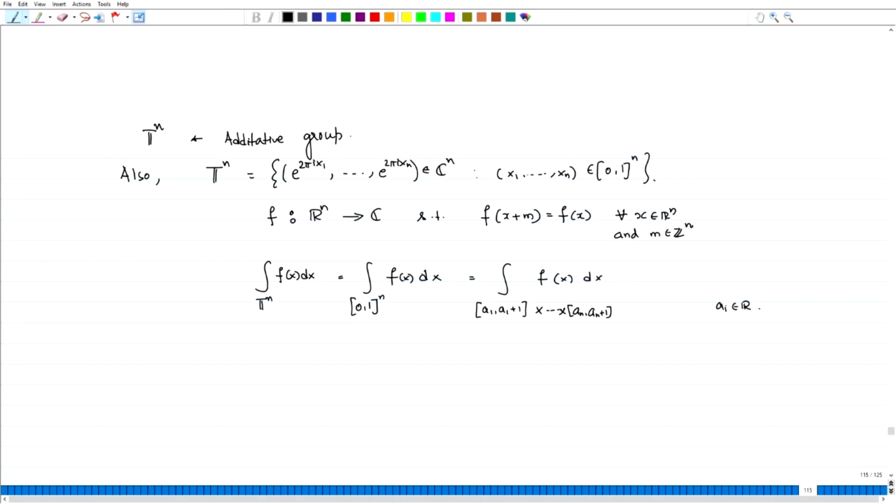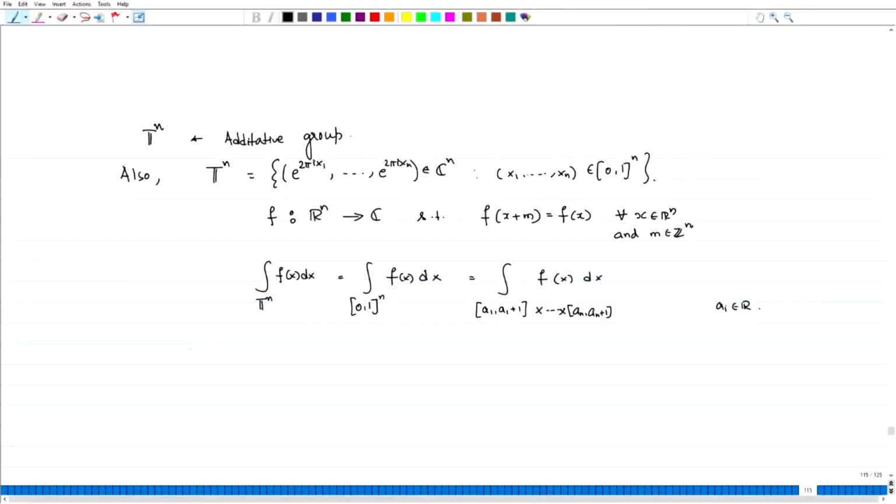It does not matter where your cube is in R^n, the integral is the same if one is dealing with a periodic function.